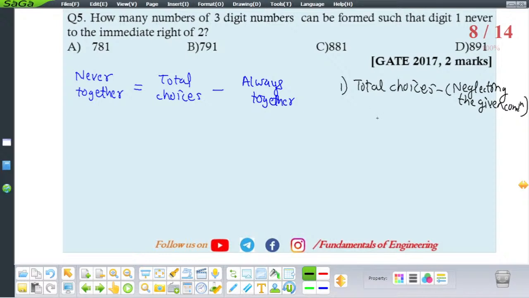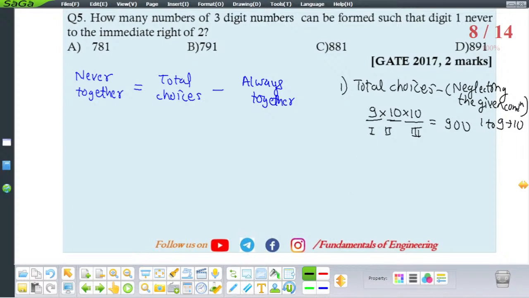So we have to form a 3 digit number. First, second and third digits. By using the digits 0 to 9, how many possible choices? 10 possible choices. 0 to 9 we have to use. So for the 3 digit number, at the first position we can't use 0. So how many choices are possible at the first position? 9. Now we can use 0 at the second or third. So how many choices? 10 and 10. So we are getting 9 into 10 into 10, that is 900.